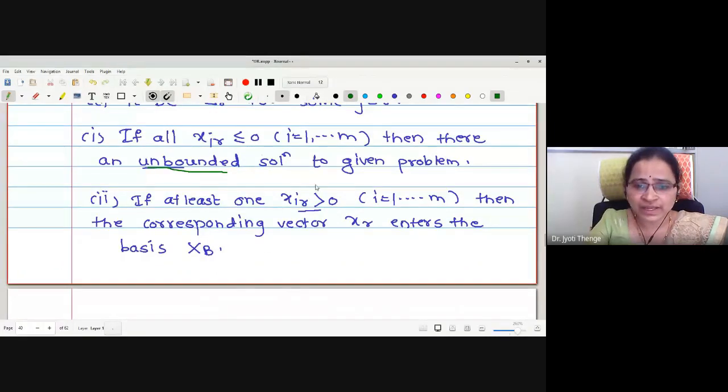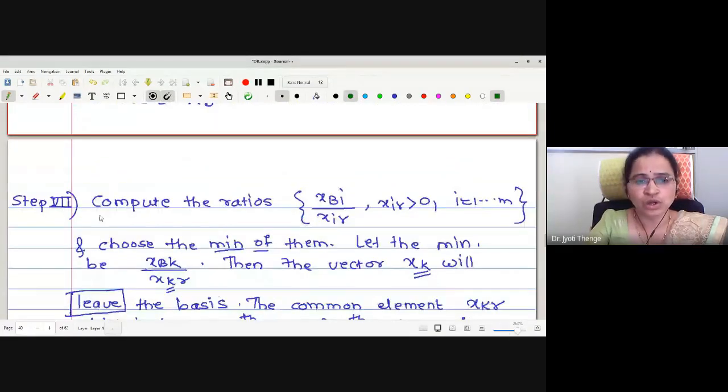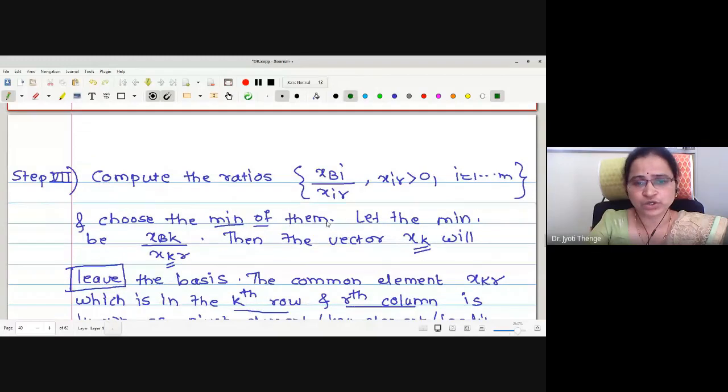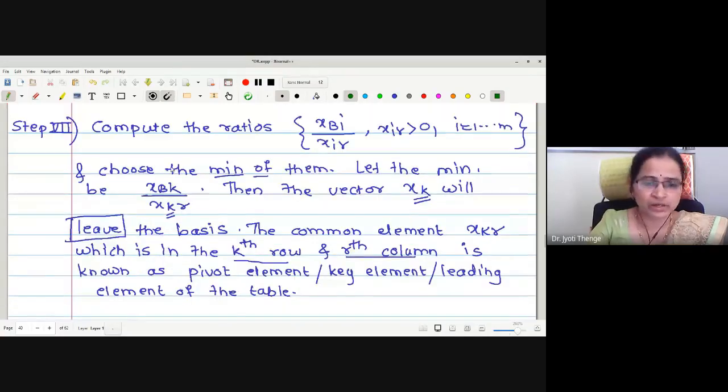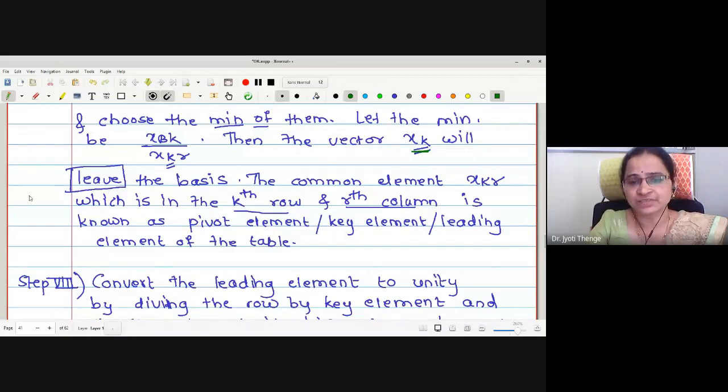If more than one xir is greater than 0, then we have to compute this ratio: xBi upon xir, positive, for all i equals 1 to m. That is xB1 over x1r, xB2 over x2r, and so on. Whatever ratios we have calculated, we choose the minimum of them, and the variable that gives the minimum, say xk, should leave the basis.